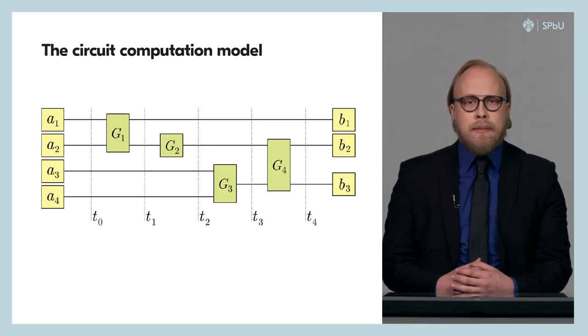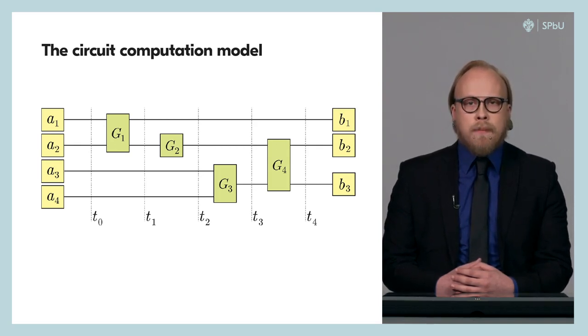So, at time t0, we have 4 bits A1, A2, A3, and A4, which are entered into the switching circuit, and by the time t1, we still have bits A3, A4, and also converted bits A1 with tilde and A2 with tilde, resulting from a logical operation on the element G1.